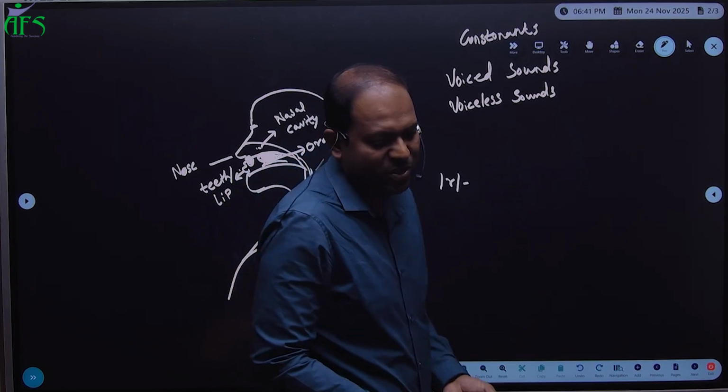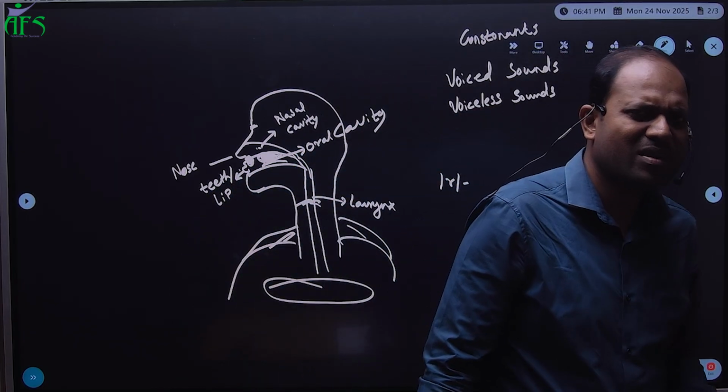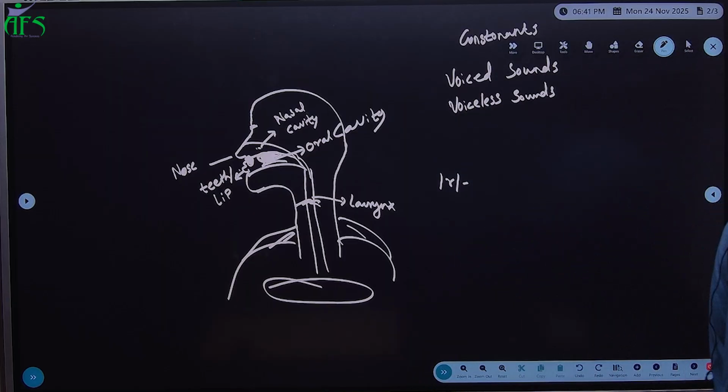So the vibration of the tongue is there, but actually in British pronunciation you will not find any vibration of the tongue. So usually the sounds which are articulated with the tongue in a concave shape, meaning a curled shape, during the articulation are called retroflex.